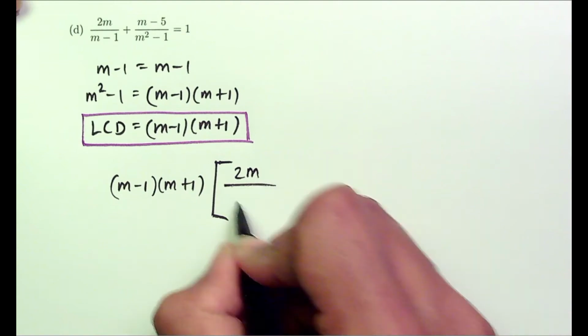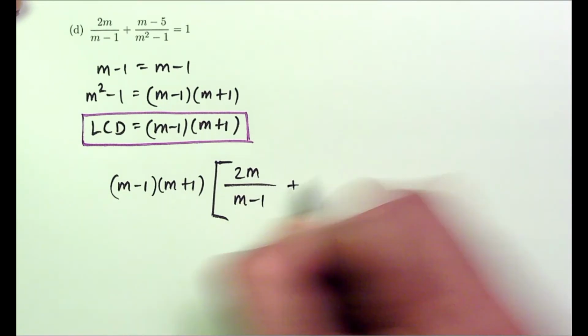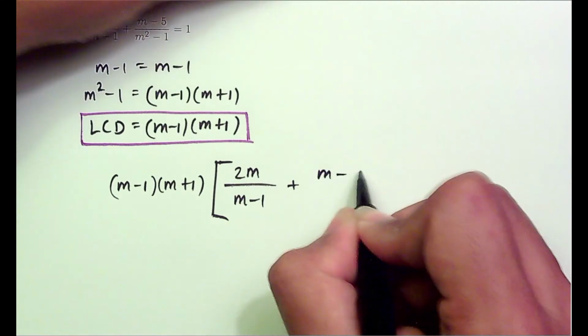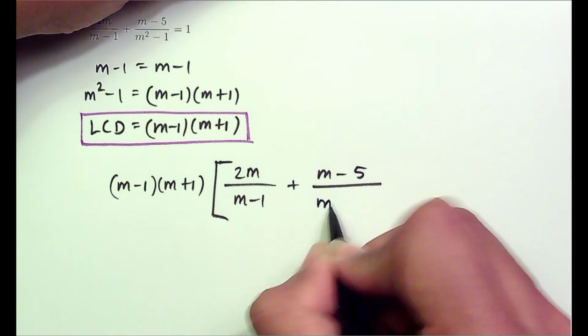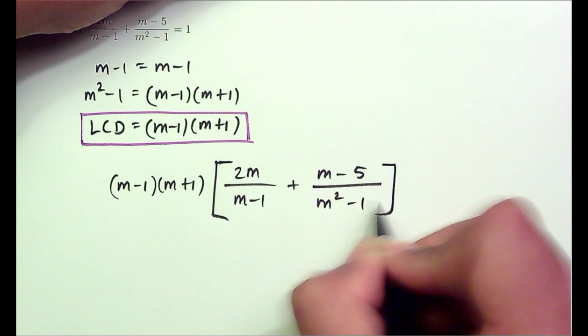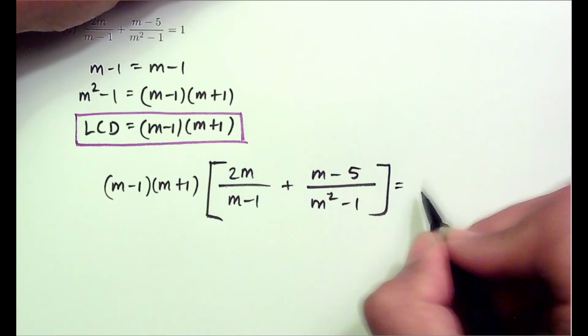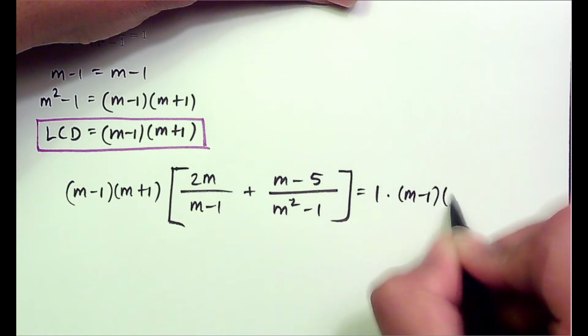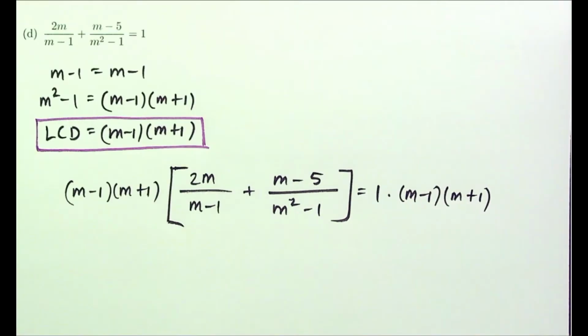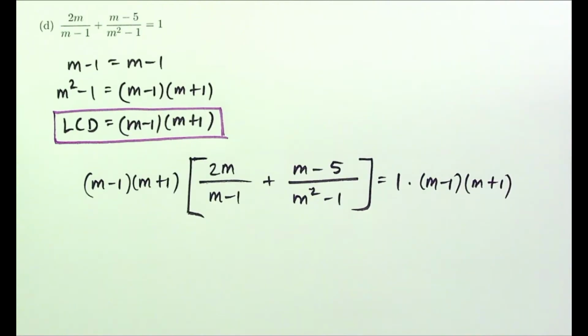So 2m, m minus 1 plus... I guess if you write really small, you could squeeze it in. And then you multiply the right-hand side by that as well. Okay, so I multiply both sides by the LCD.